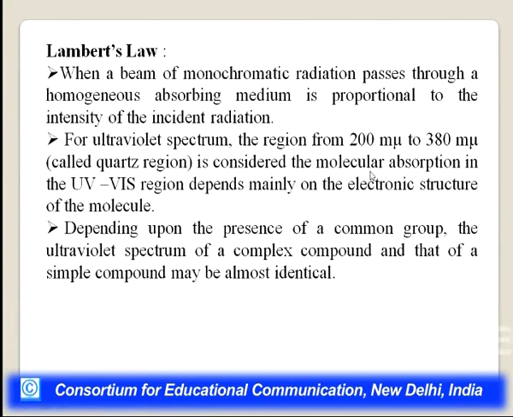It is considered that molecular absorption in the UV visible region depends mainly on the electronic structure of the molecule. Depending upon the presence of a common group, the ultraviolet spectrum of a complex compound and that of a simple compound may be almost identical. What is Beer's law?